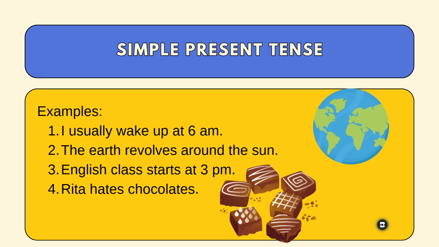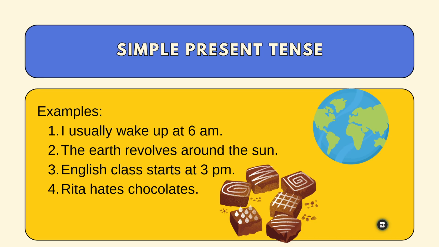The third example is English class starts at 3 p.m., which is a scheduled event. So the subject here is English class and the verb here is starts. And we are adding an s along with the verb since it is a singular subject. English class starts at 3 p.m. The fourth one is a feeling or a state which you cannot change, something that you have, right?